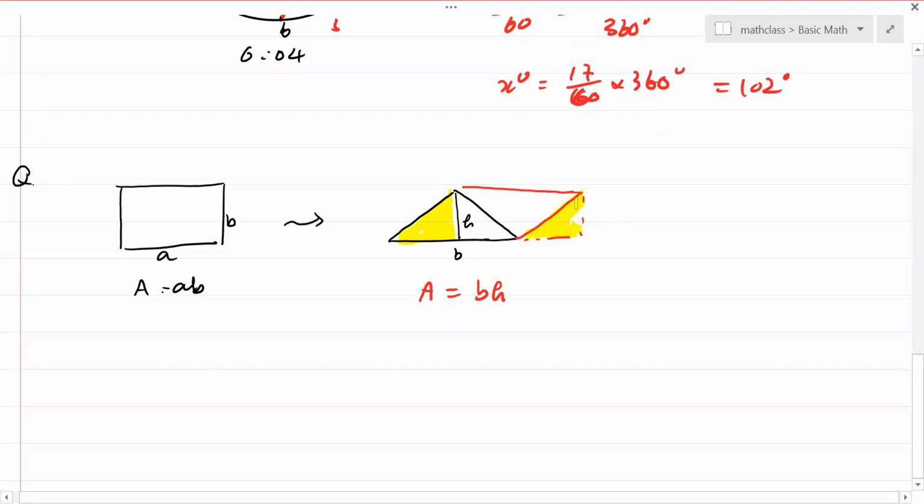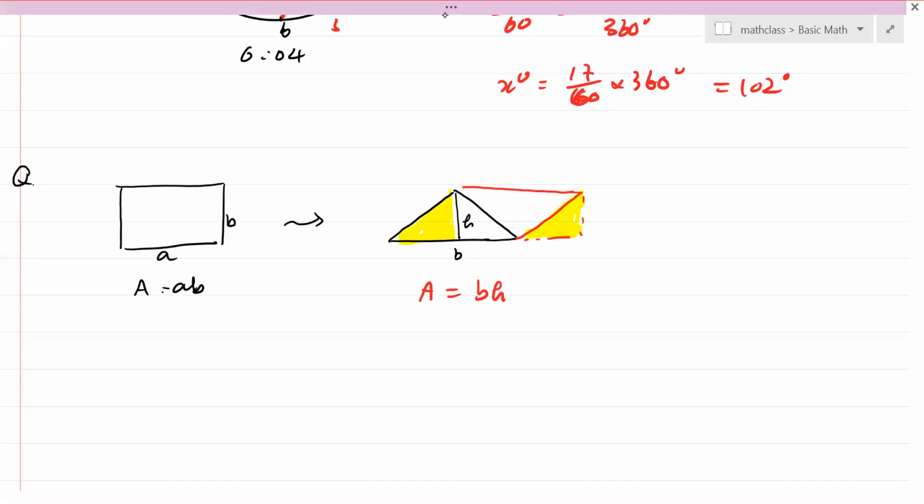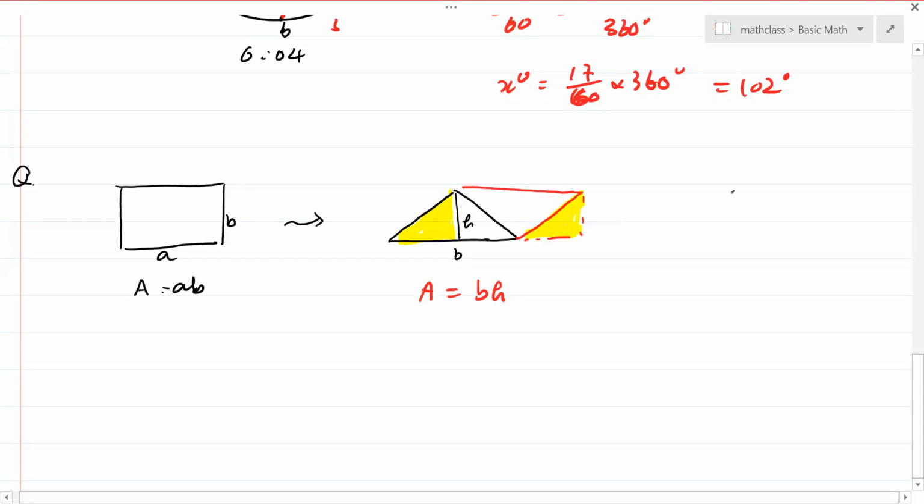So this is the area formula for the parallelogram. Then for the triangle, the area is half of the area of the parallelogram.